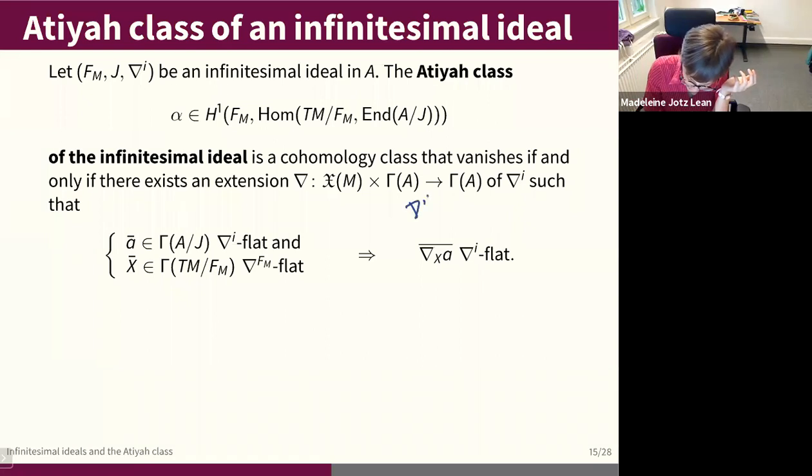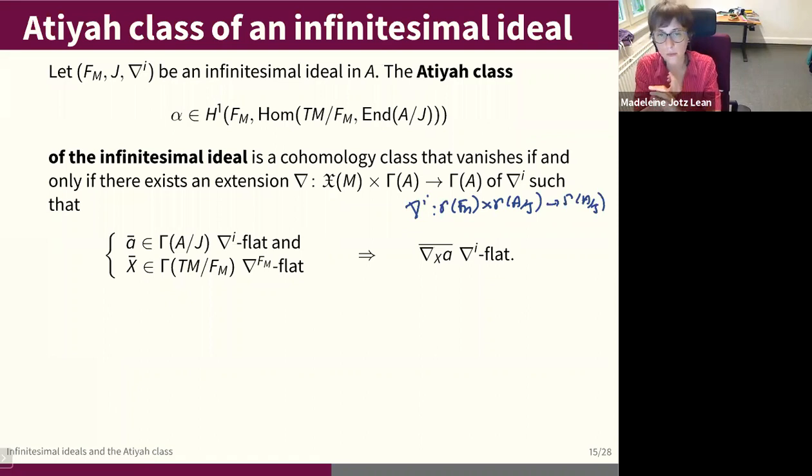Remember, nabla I is an Fm connection on A mod J. And again, as in the foliation case, as in the holomorphic case, we want a connection that preserves flatness. So a flat section of the Lie algebroid A bar, and a flat vector field, so a projectable vector field, need to be sent to a flat section of A, right? So again, we have a condition like that, which again is called transversality.